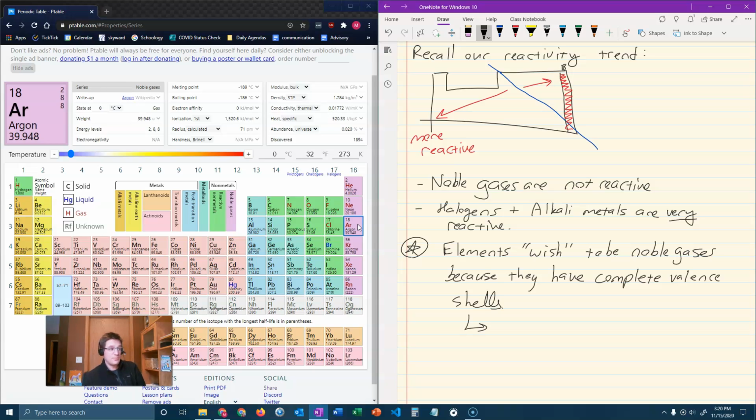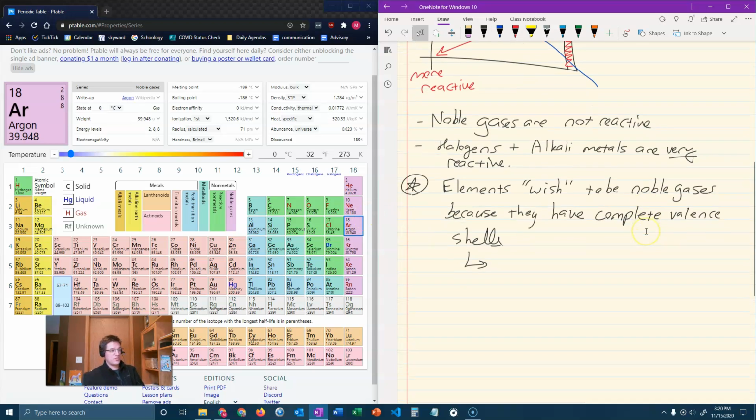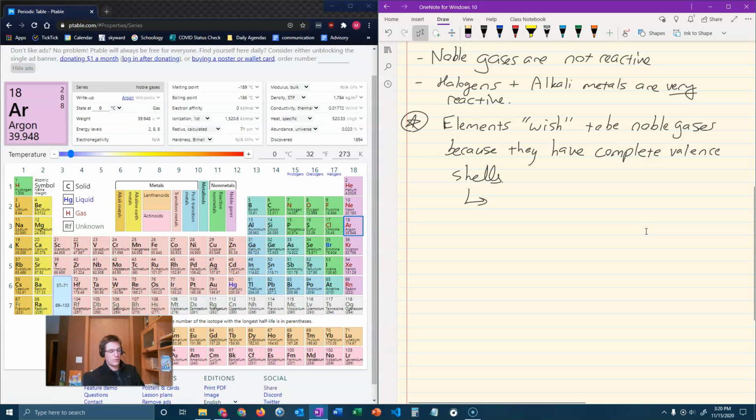Why do we care about a complete valence shell? Always why. If you're a scientist, you always got to ask why. Why is a full valence shell a big deal? Well, it's more stable, okay? Everything in the universe, you experience this in your own life.